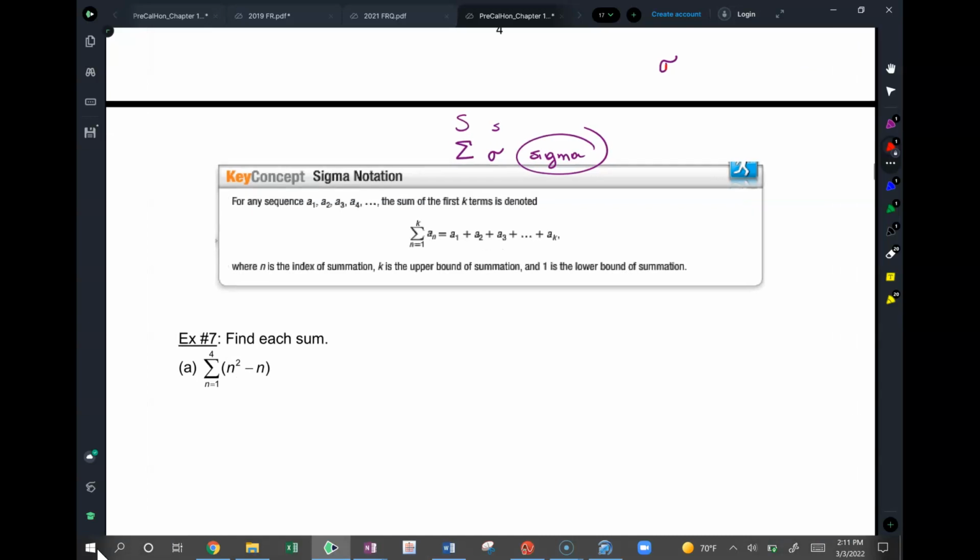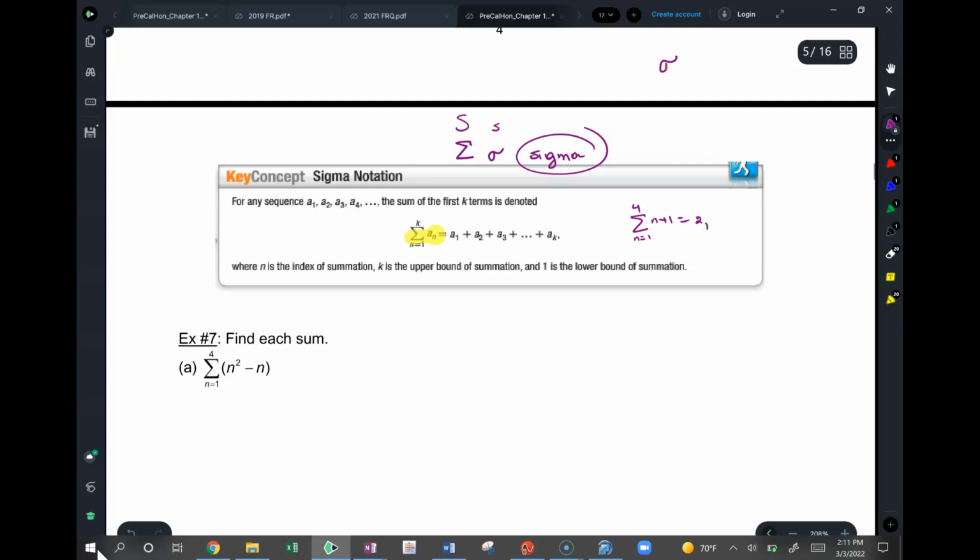So when you say sigma of A sub n from 1 to k, that means add up all of those terms from the first one to the kth one. For example, sigma from n equals 1 to 4 of n plus 1. I first put in n equals 1, I get 2.